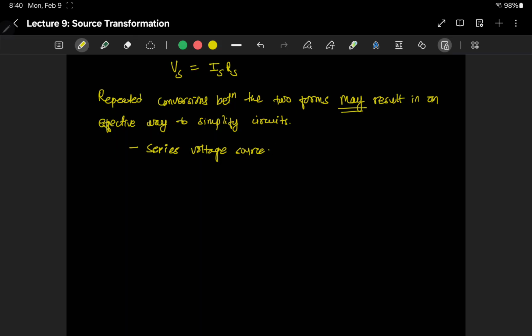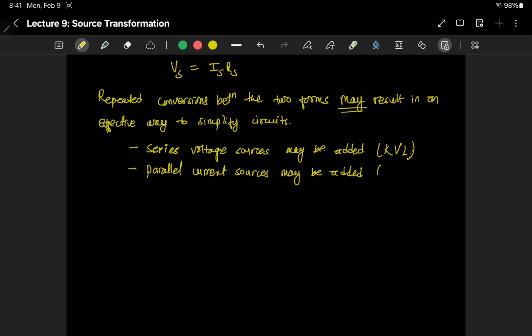So series voltage sources may be added, based on Kirchhoff's voltage law, right? And parallel current sources may be added. That is from Kirchhoff's current law.